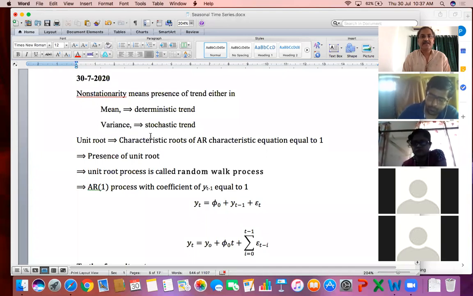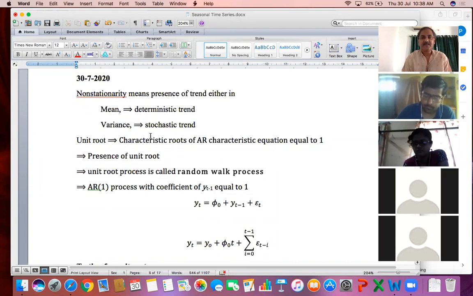So if the characteristic root of the AR characteristic equation is equal to 1, then we can say that a series contains unit root. If a series contains unit root, we can say the series exhibits stochastic trend. Alternatively, a series with unit root is a series following a random walk process.